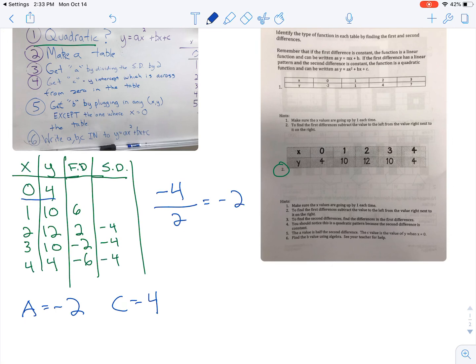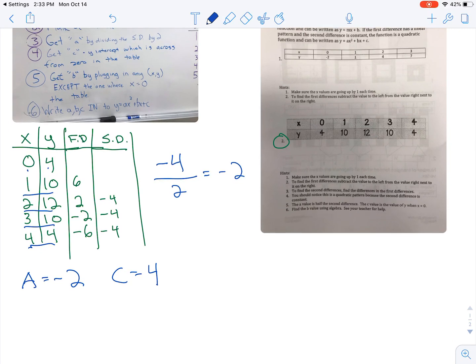That's easy. Step 5, get b by plugging in any x, y, except the one where x is 0 in the table. So I have to choose one of these points. 0, 4 is not an option. So my options are 1, 10; 2, 12; 3, 10; 4, 4. They're all going to get me the same answer. So I'm going to choose 1, 10.